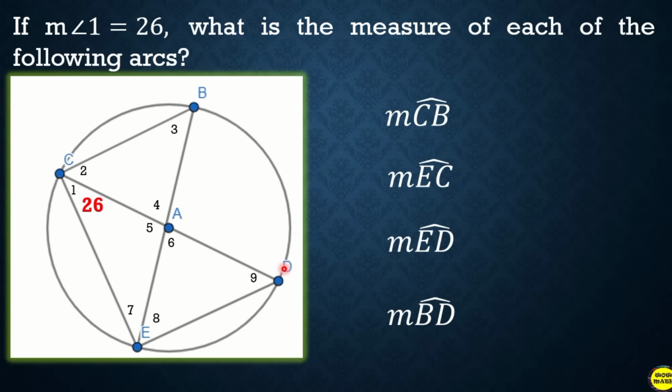And arc BD. So, unang-una natin makukuha yung arc ED class, no? Kasi class ay since angle 1 is inscribed angle, tapos intercepted arc niya itong ED, so therefore, ang sukat ni ED ay twice ng sukat ni angle 1. So therefore, ito ay 52.